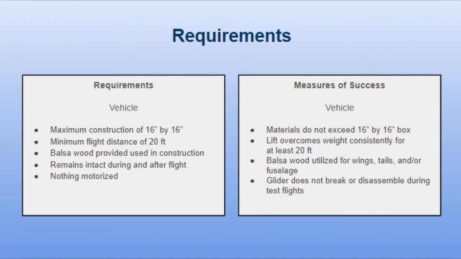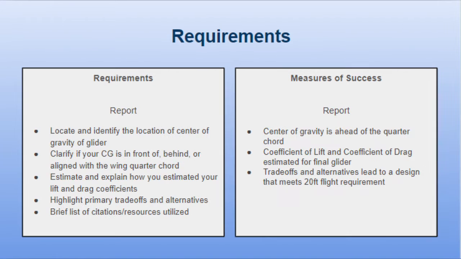And the measures of success overlap with these requirements, because the lift overcoming the weight consistently for at least 20 feet is pretty much the same as the minimum flight distance of 20 feet. The same thing applies to the glider staying intact.